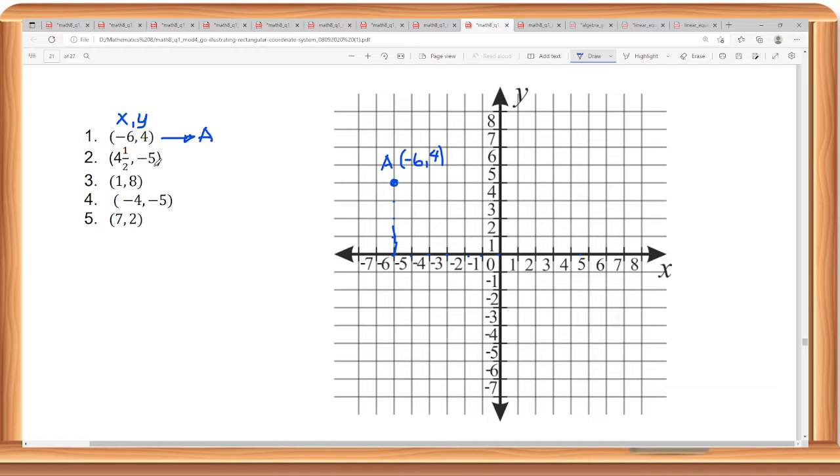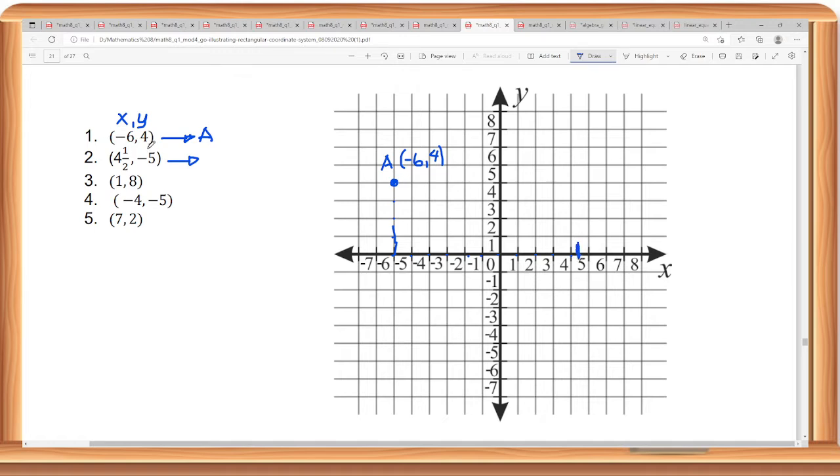About this one, the x coordinate is 4.5. It's positive, so it's going to the right. So we have 1, 2, 3, 4. Since it is 1/2, it is in between the points 5 and 4, so it is along here.